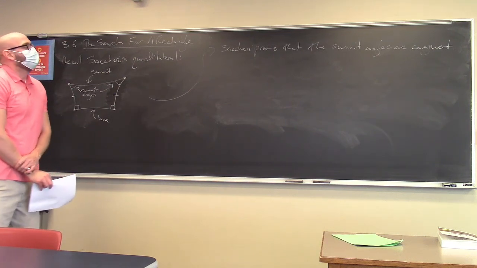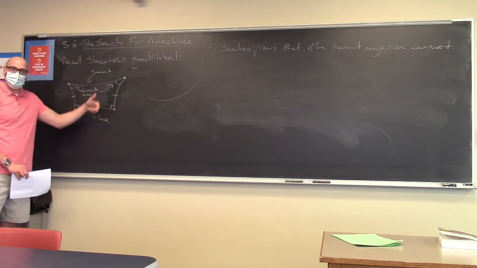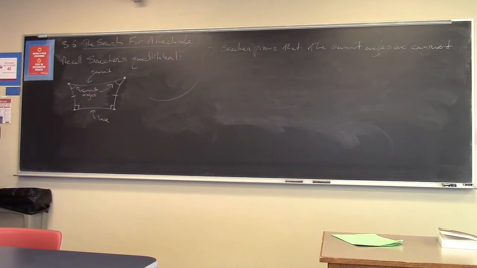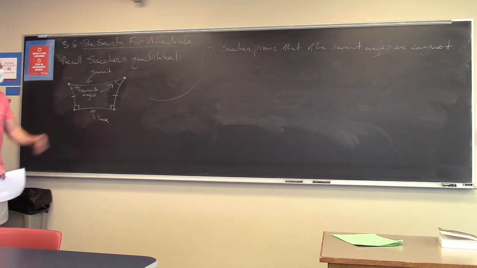I actually reproved that for myself over the weekend. The proof I gave you last class was cutting down the middle and using SAS, which was a really nice proof. I redid it by doing diagonals and stuff, as you suggested, and it's a lot longer of a proof, but you can get there.